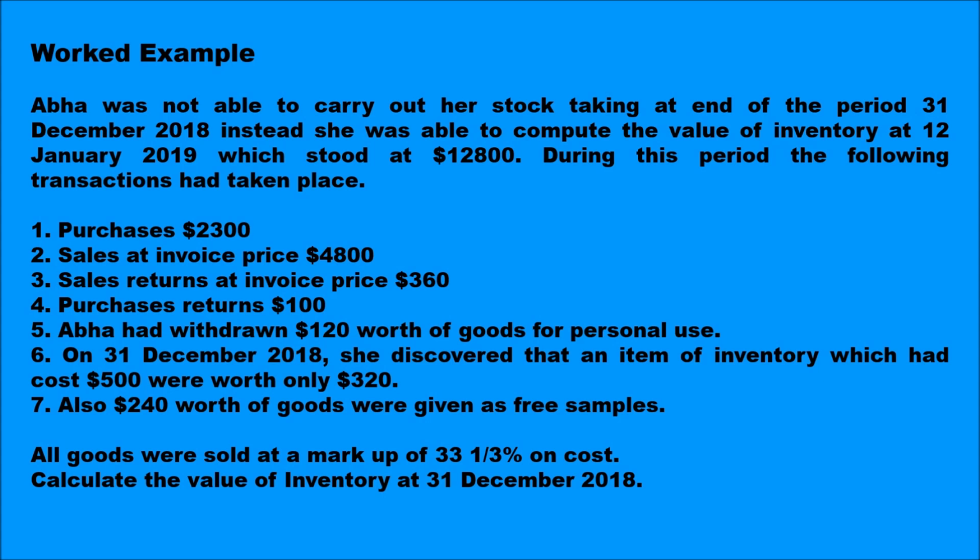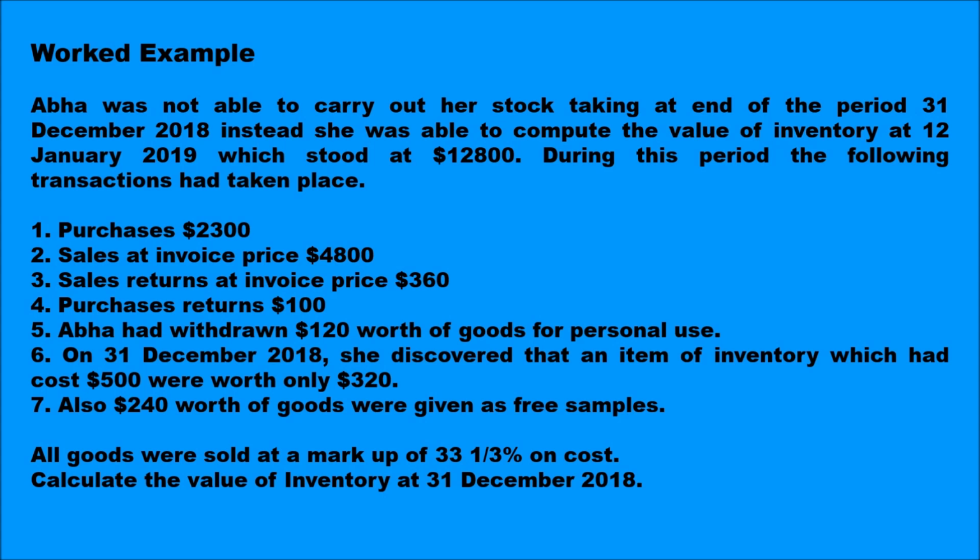We need to work backwards to calculate inventory at 31st December 2018, given the transactions that had taken place, such as purchases, sales, sales return, purchases return, drawing of goods, loss of inventory value, as well as free samples.